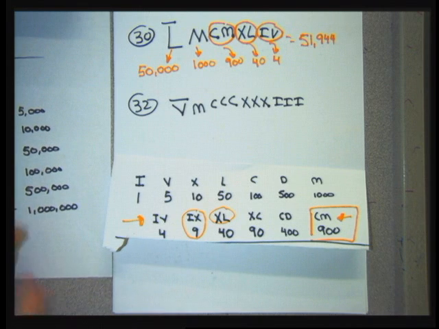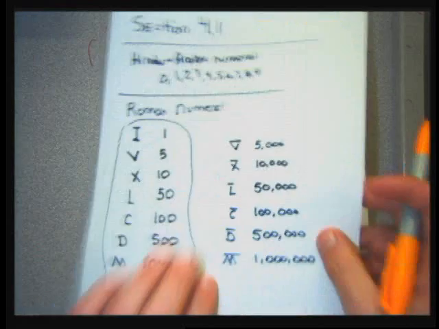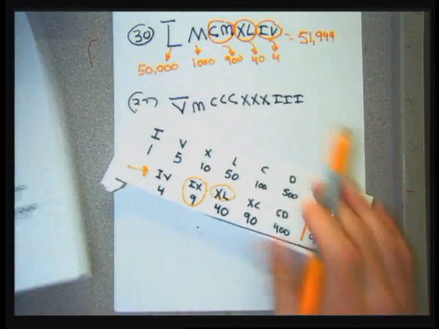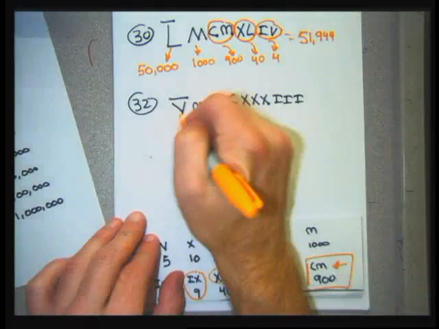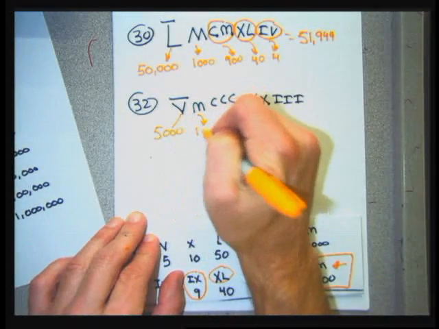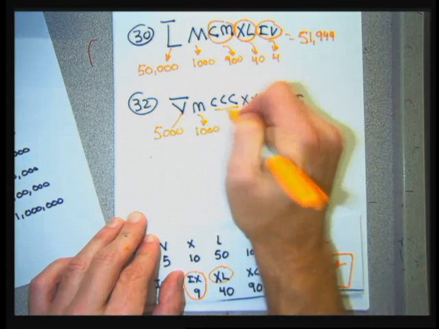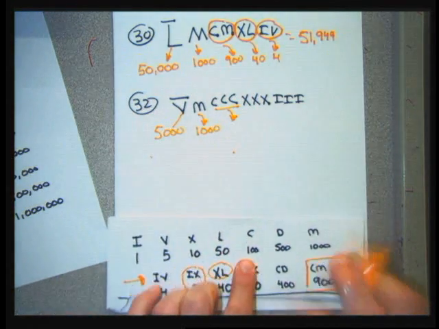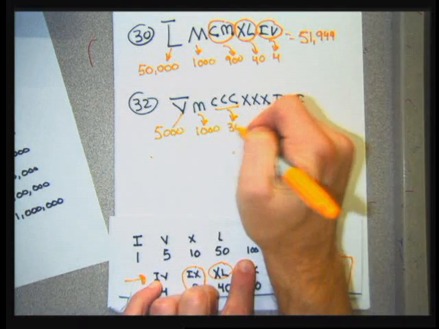So I'm going to just write down what each piece is and add them together. A V is 5, a V bar is 5,000. So this V bar is going to be 5,000. This M is going to be 1,000. 3 C's, I can write 100, 100, 100, or I can write 300.